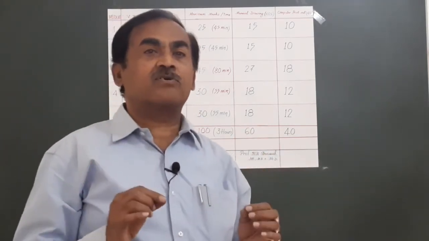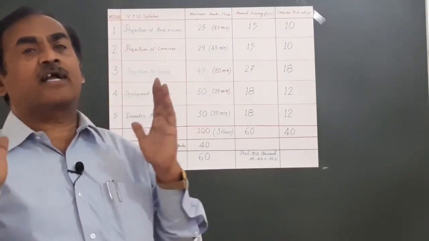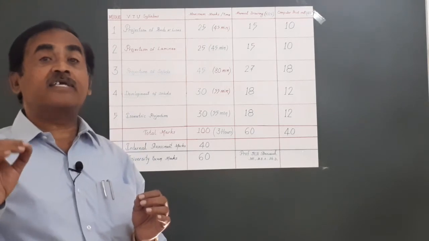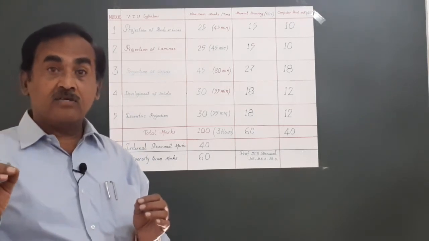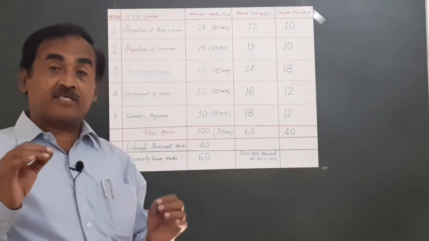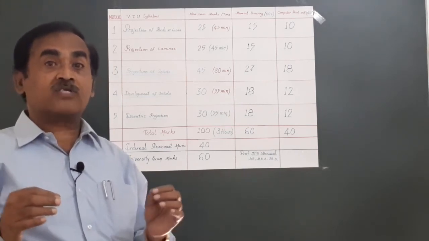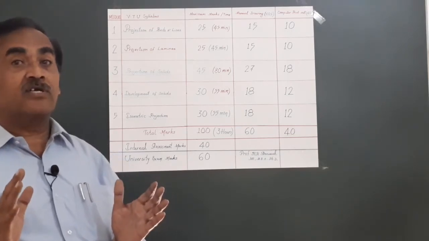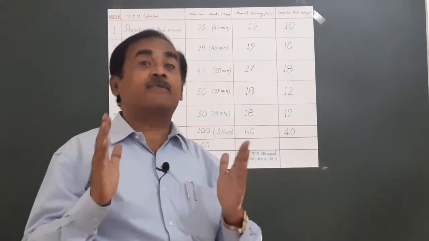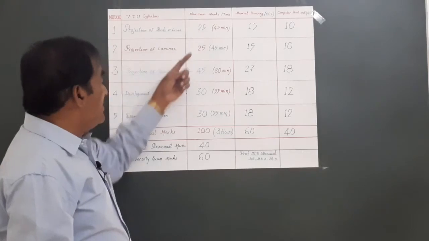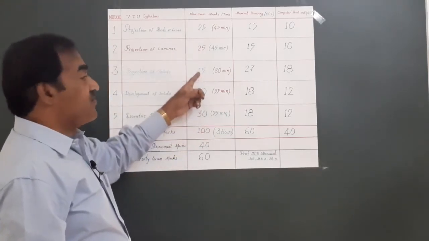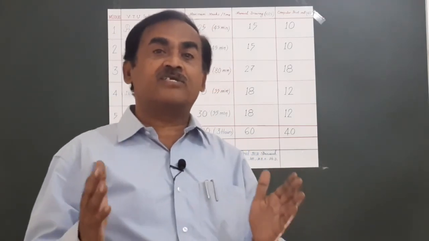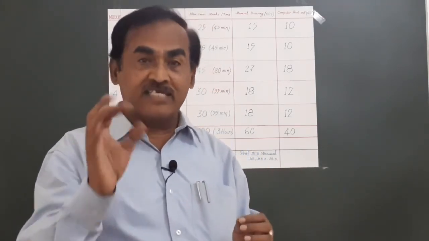In the syllabus of VTU, you have got totally 100 marks allocated, out of which 40 marks are the internal assessment marks, which includes the test marks, the assignment marks, marks obtained from quiz, and so on and so forth. So in the examination, even though it is conducted for 100 marks, that is 25 plus 30 plus 45, the final mark after evaluation of the sheets will be reduced to 60 marks.